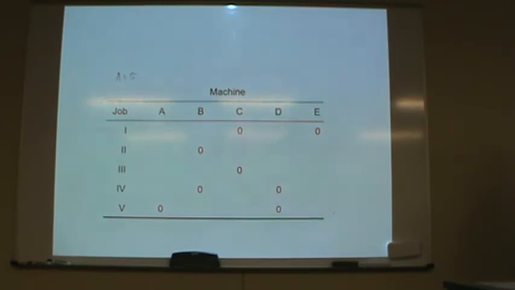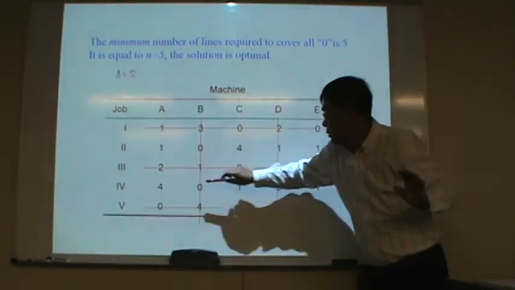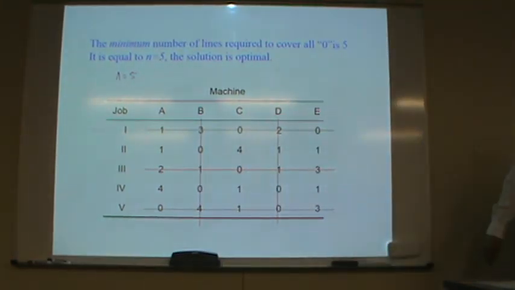Okay, so there are zeros like this: here, here, here, here, here, here, here, and it looks like this.